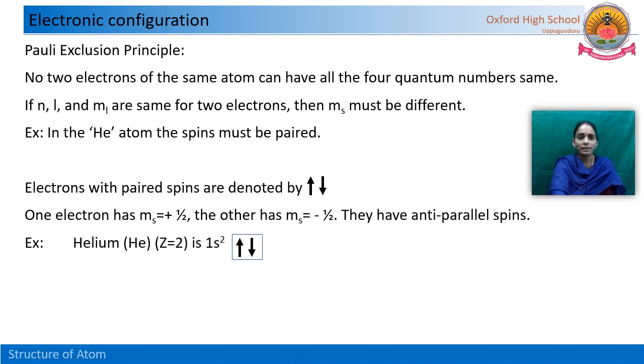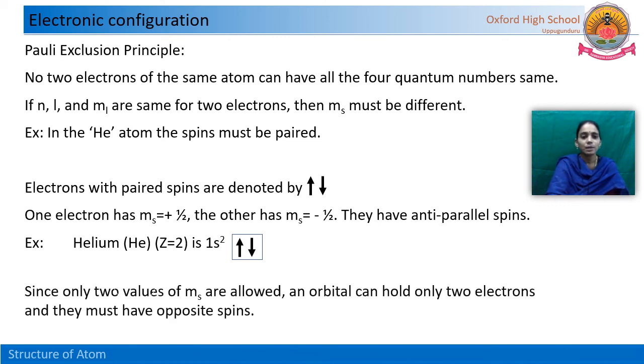So no two electrons in any atom can have all four quantum numbers the same. At least they differ in their spin. This is all about Pauli's exclusion principle. Since only two values of ms are allowed, an orbital can hold only two electrons and they must have opposite spins.